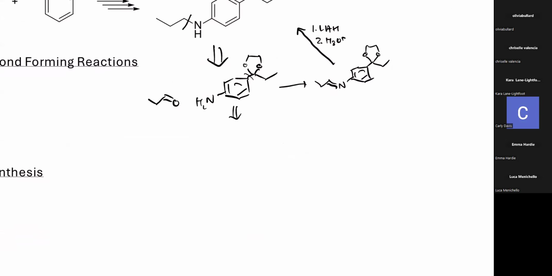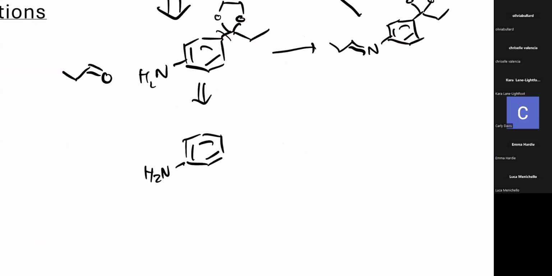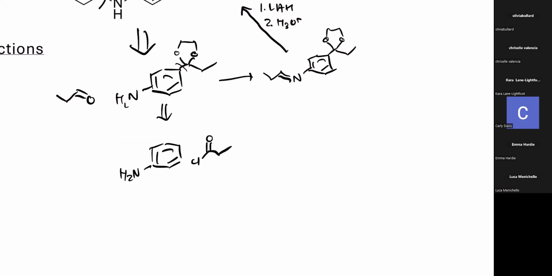So if I have this, then this would have had to be on first. Or sorry, that would have had to be on with this, right? To do the acylation.